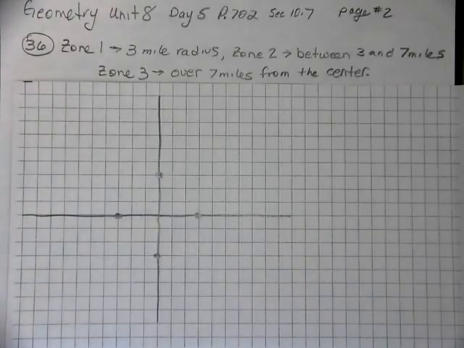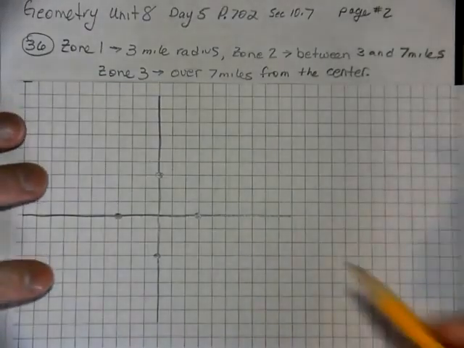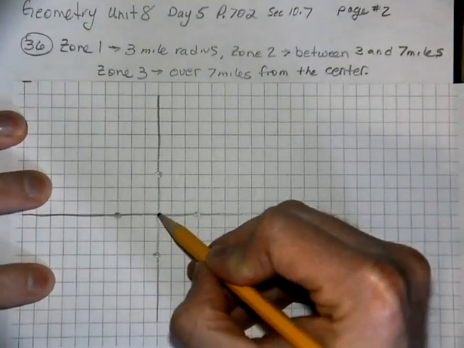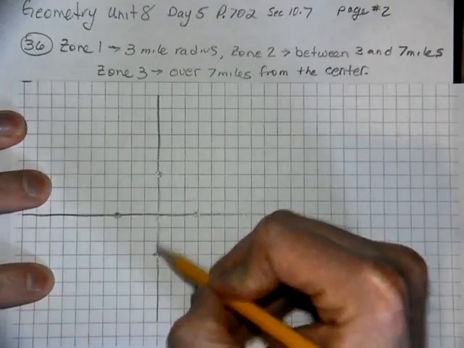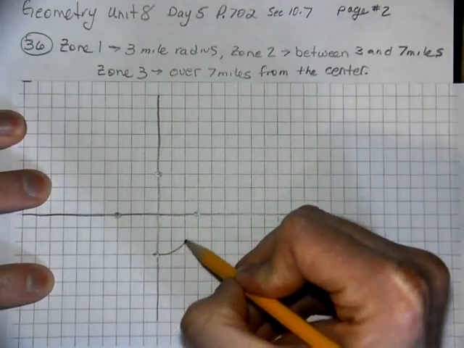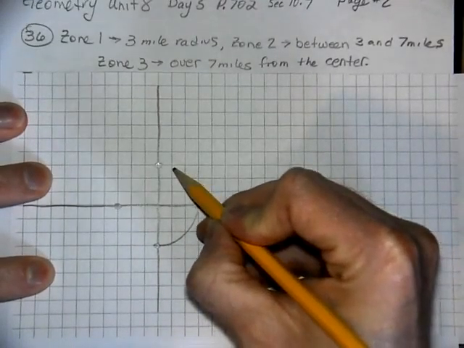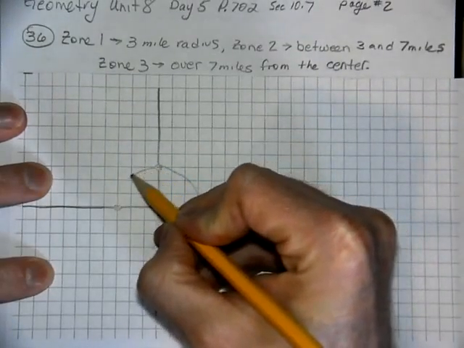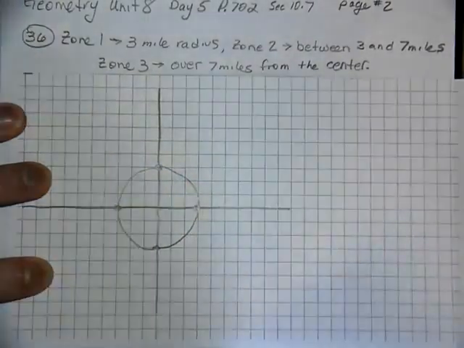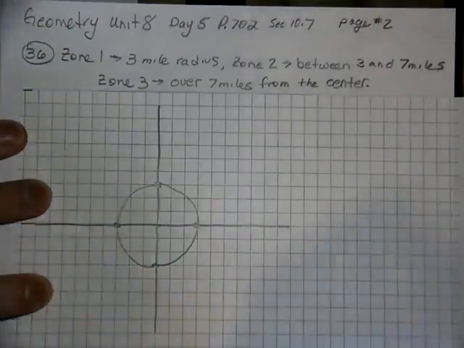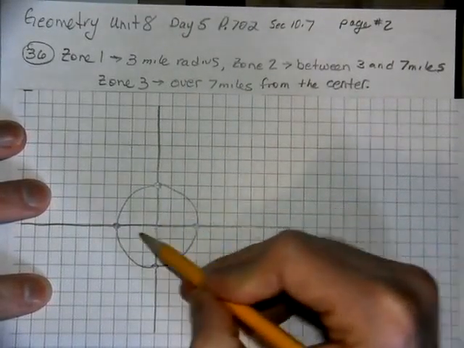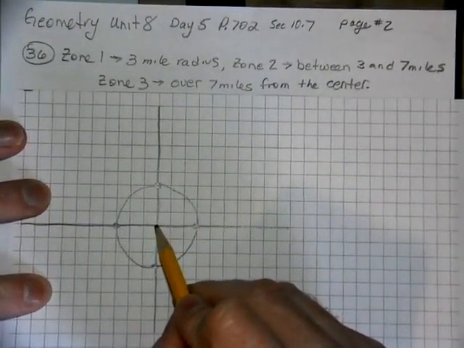For number 36, we're talking about a word problem that has to do with commuter trains, and we have zone 1 that has a 3-mile radius. So from the center of the city, we do 3 miles in every direction. So zone 1 would fall within this circle. Zone 2 would be within that 3 miles up to 7, so we're looking for a radius of 7.